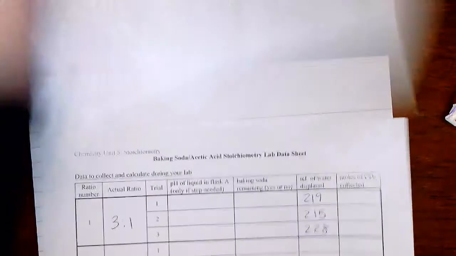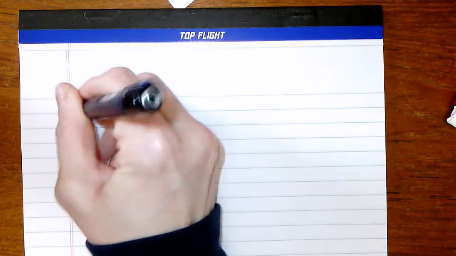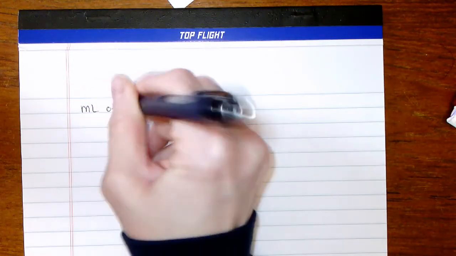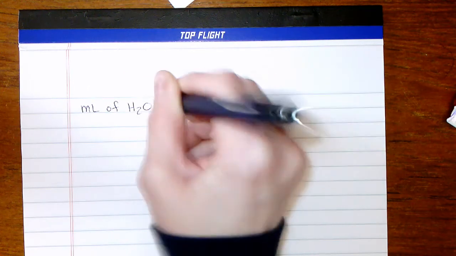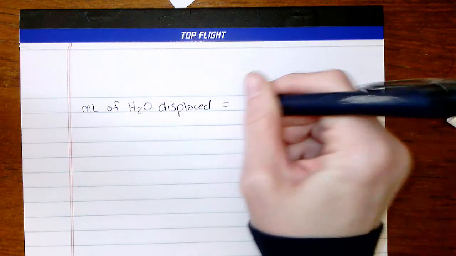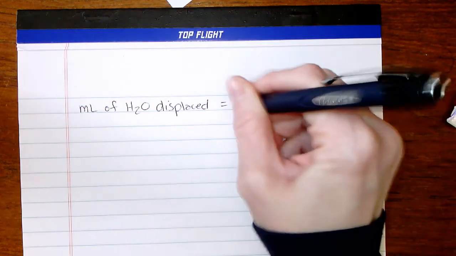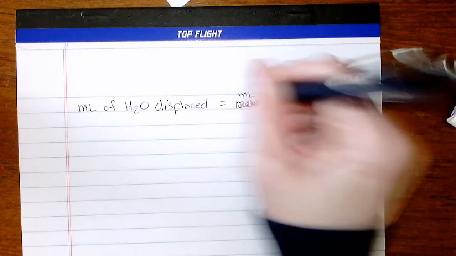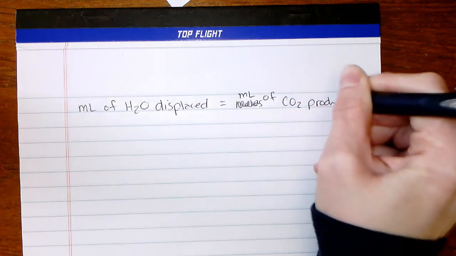The other thing we need to think through is the fact that this says milliliters of water displaced. So milliliters of H2O displaced is equal to milliliters of CO2 produced.